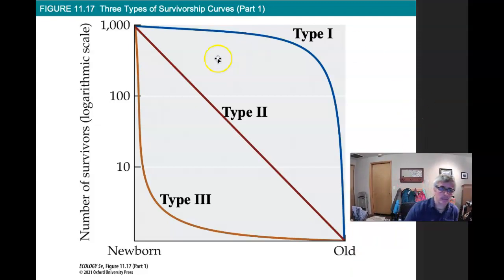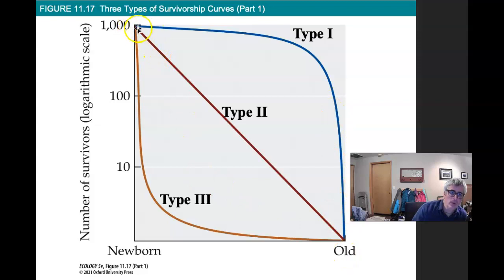Type 1, this is your number of survivors on a log scale. So we're all starting at 1,000. Type 1, they start with 1,000 newborns and a relatively high survivorship until they get quite old and there's a drop-off.